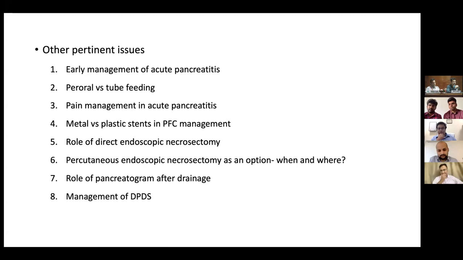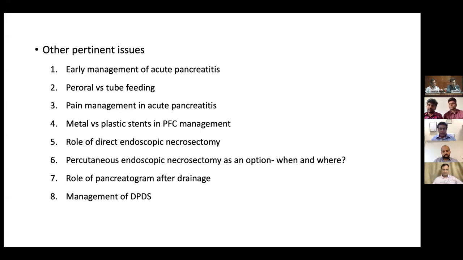So about nutrition, this patient had come to you in April, when will you start feeding this patient and what will you feed him? Sir, the patient had possibly moderately severe pancreatitis.